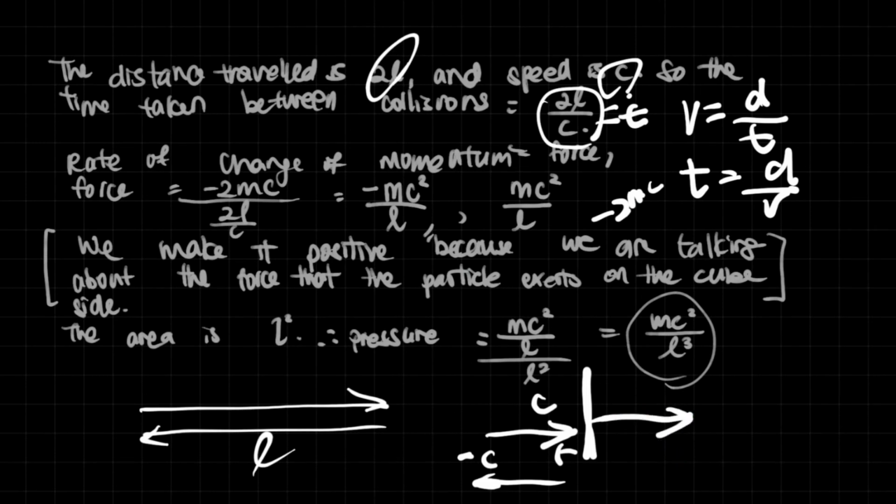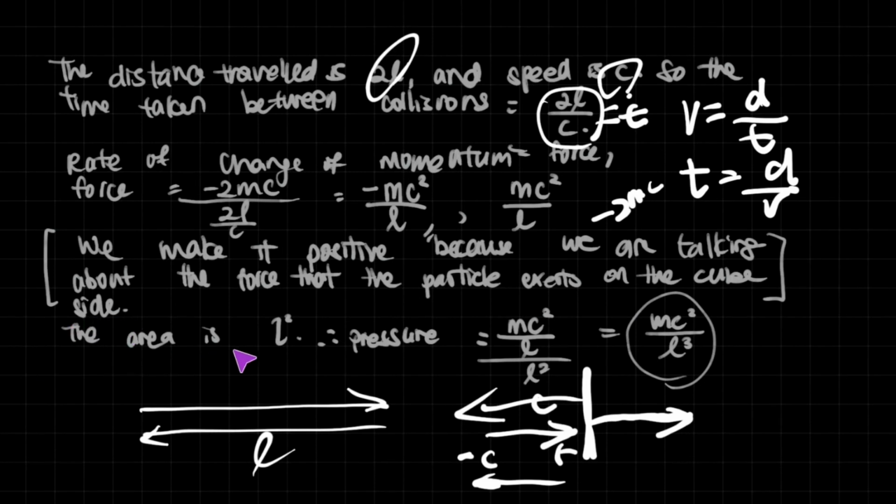That is in the positive direction, and that's why we're going to make it a positive force, because it's going outside. Now, if it was going inside, and that's the force that the wall exerts onto the particle, then it would be negative. But we're not talking about that. We're talking about the force that the molecule exerts outside onto the container. So that's why this negative, it's gone. So we make it positive because we are talking about the force that the particle exerts on the cube side.